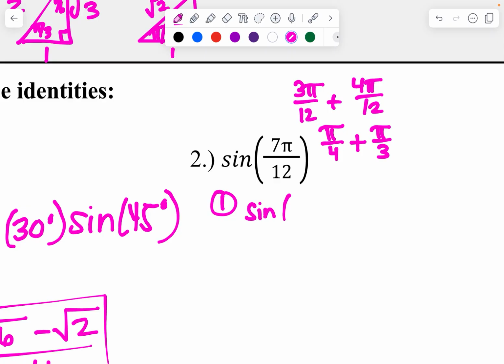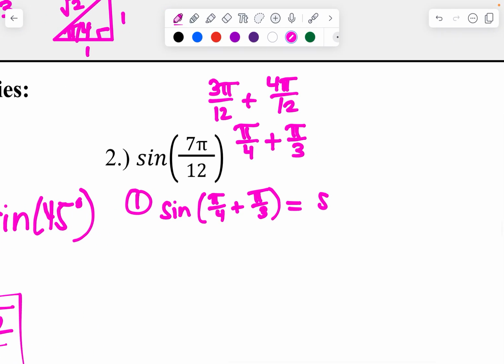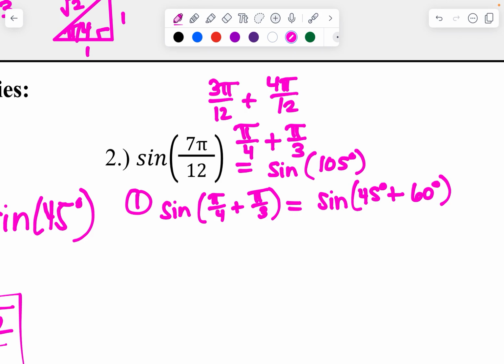So we'll do the sine of pi fourths plus pi thirds. Or if we prefer, we could say that in terms of degrees. So remember, pi fourths is 45 degrees. Pi thirds is the 60 degrees, because this is equal to the sine of 105 degrees. Remember, if you take 7 pi over 12 and multiply by 180 over pi, we convert to degrees.